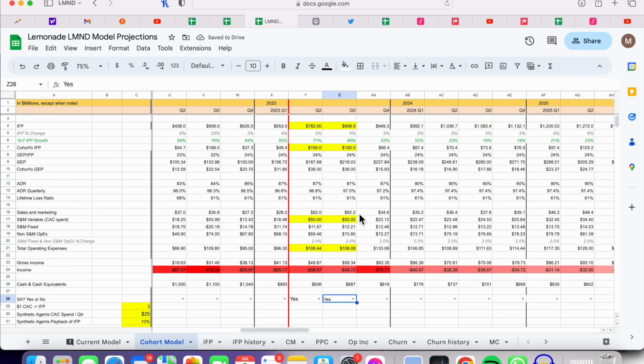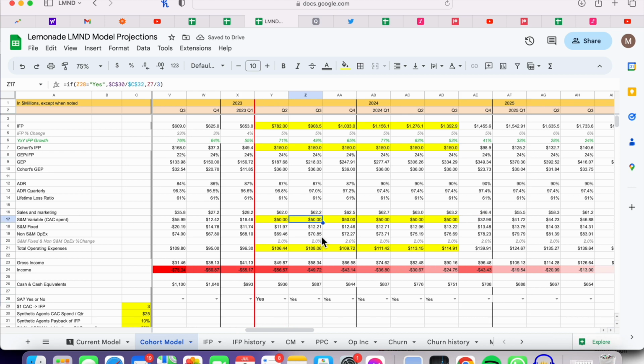So what this does: let's say the next 6 quarters, which is 18 months or so, which is the plan for annual dollar retention. Say that they turn on synthetic agents for that span of time. Changing that to yes will turn on synthetic agents for that quarter.